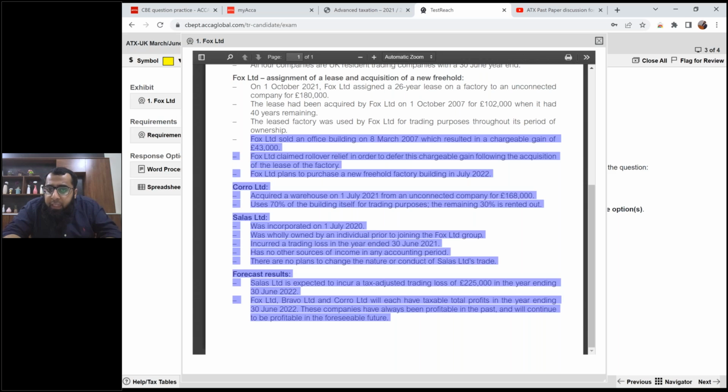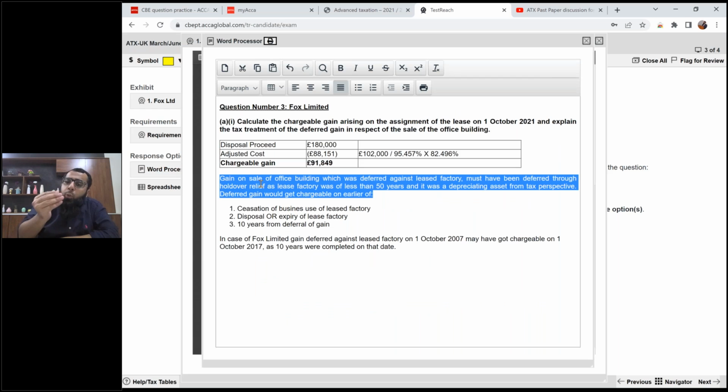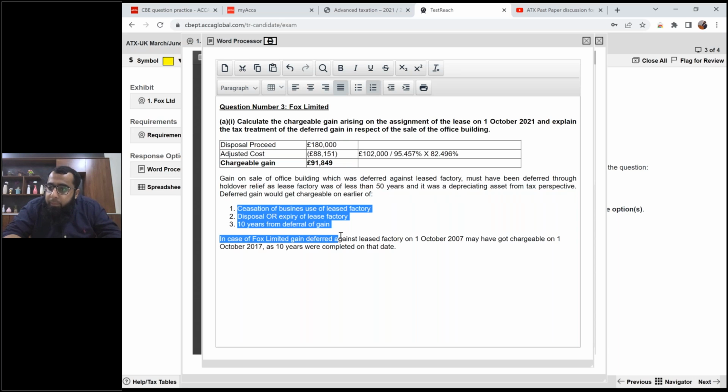So we have to comment on what will happen to this gain. So we said that this gain was deferred through holdover relief because the lease was of less than 50 years, and the deferred gain will become chargeable on the earlier of these three things.